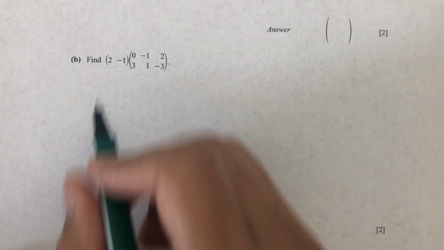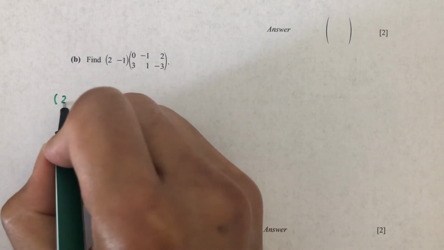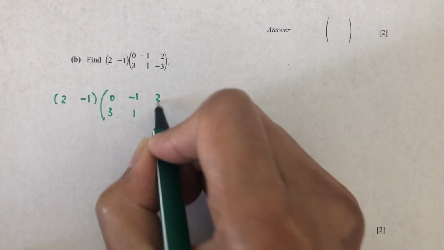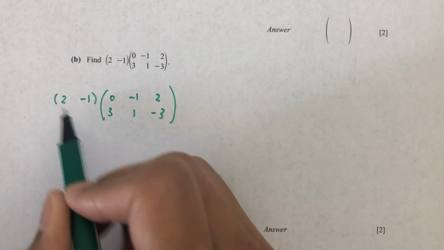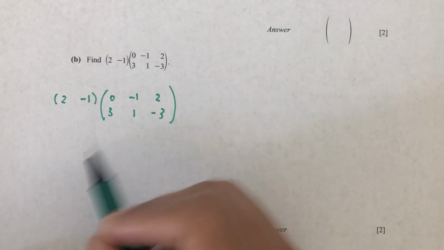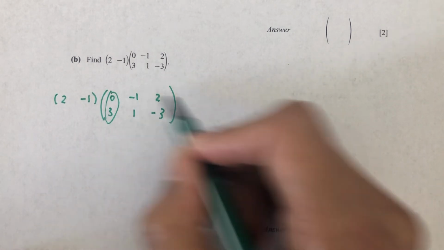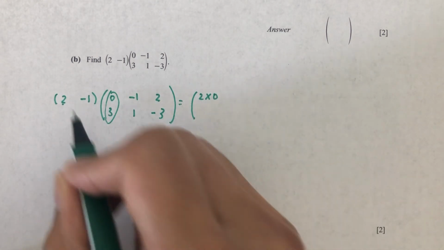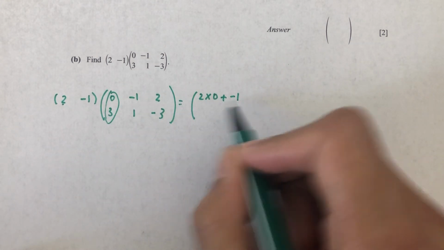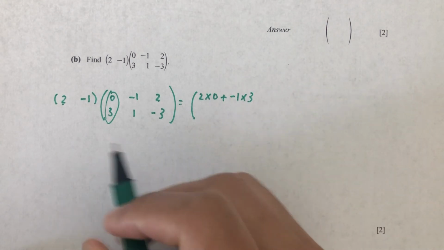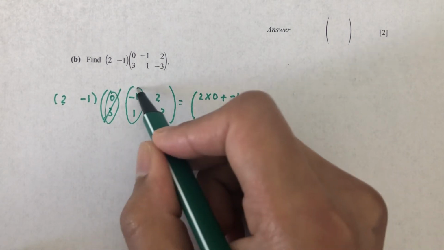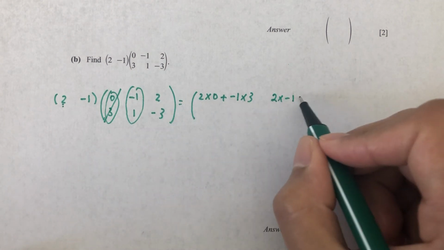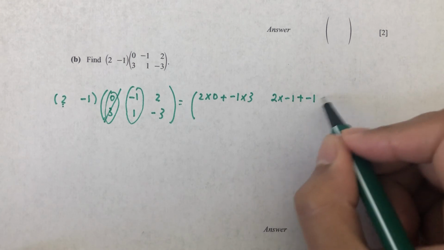Now question B, we have to multiply. So the matrices are 2, minus 1 and 0, 3, minus 1, 1, 2, minus 3. We always have to multiply rows by column. So let's first look at the first column. The row will be 2 times 0 plus minus 1 times 3. That's the first column done. Now look at this one. 2 times minus 1 plus minus 1 times 1.